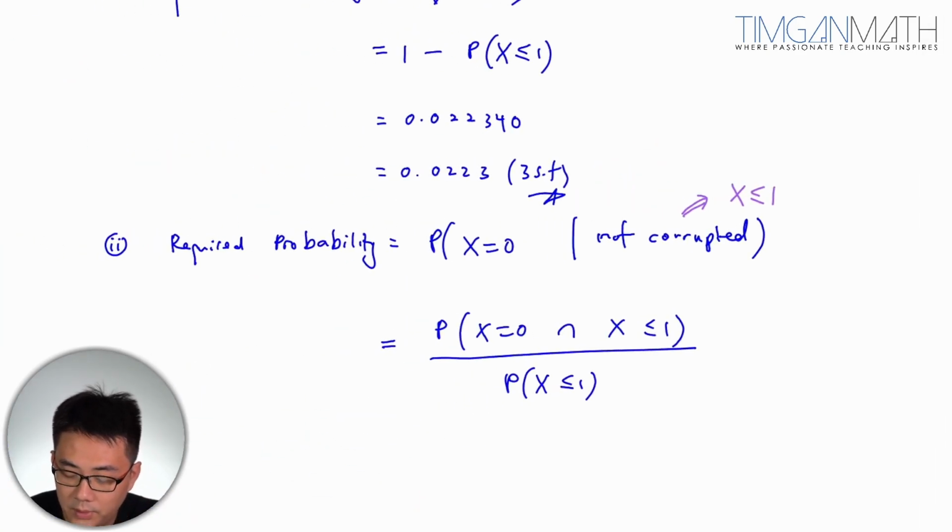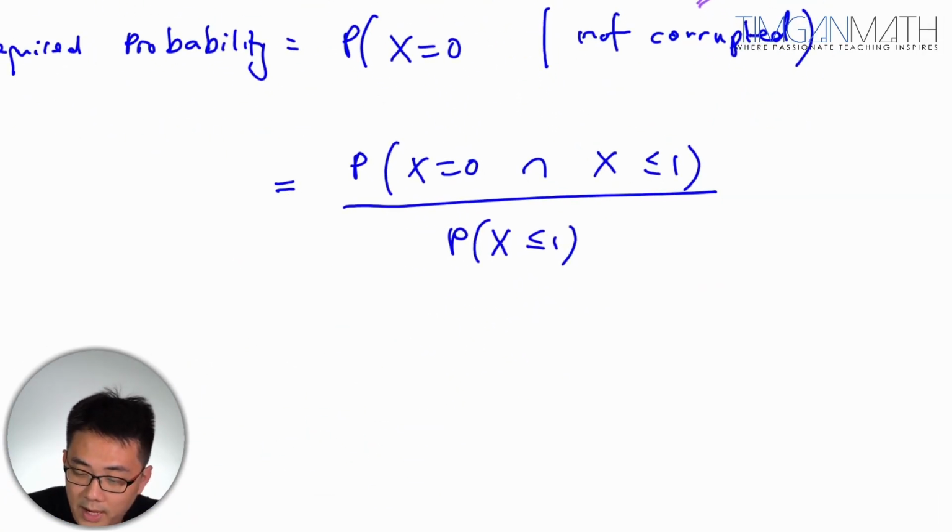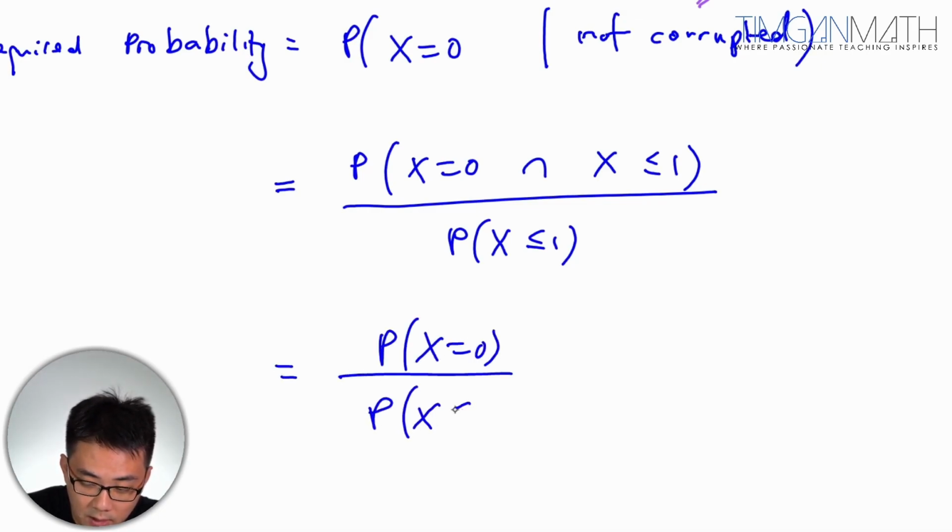Let's look at how we can do that. X = 0 intersect with X at most 1 will just be P(X = 0), and then this is P(X at most 1).